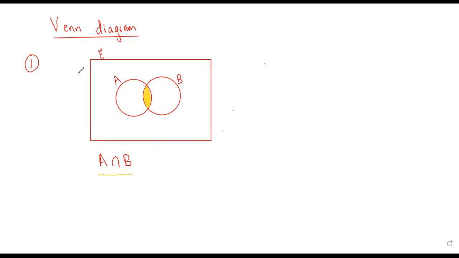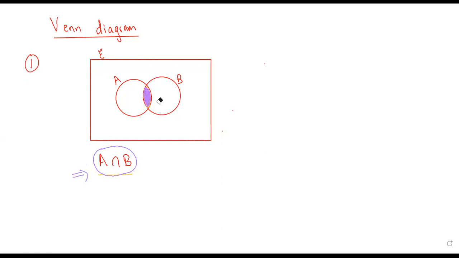The examiner would give you an expression of this type, and he would expect you to shade this thing, that is A intersection B. A intersection B means A और B में जो भी चीजें कॉमन है, you need to shade that part. ठीक है, हमें पता है कि हम कॉमन एलिमेंट्स को यहाँ लिखते होते हैं, तो we are going to shade this entire part that is coming both in A and B, right? Is it okay? Yes. Okay, great.